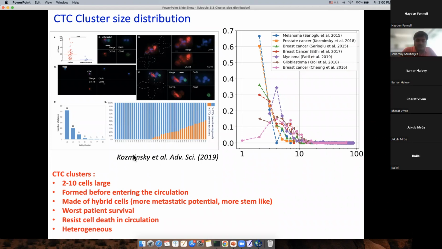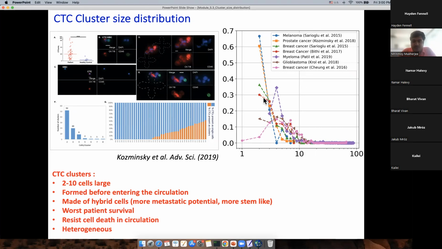In this paper with prostate cancer data, from prostate cancer patients they identified the cellular clusters and found the distribution of these cells. Here I collected the cluster size distribution from many cancer patient datasets from different papers over the years. We'll discuss this graph later also.